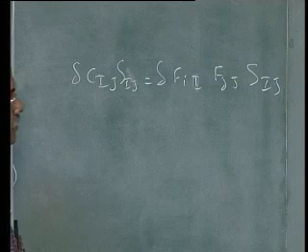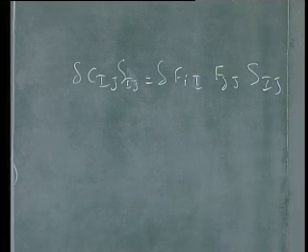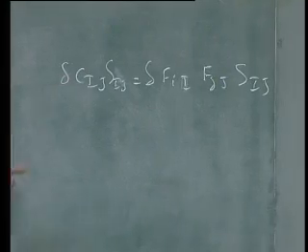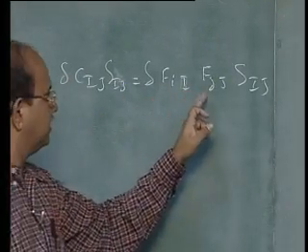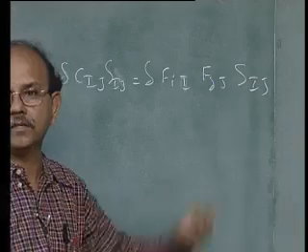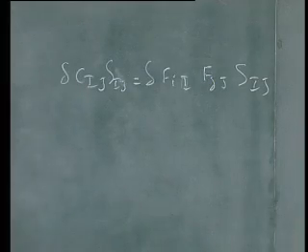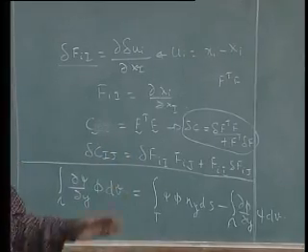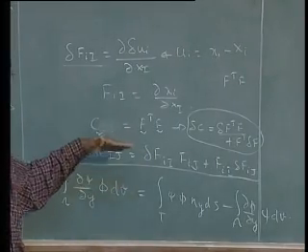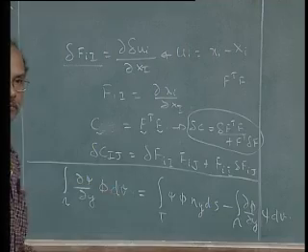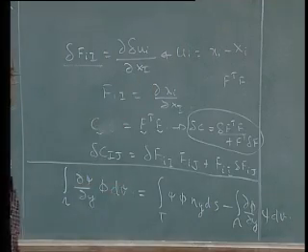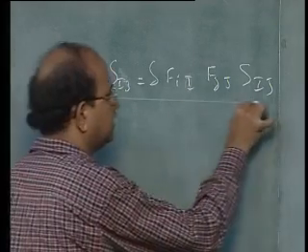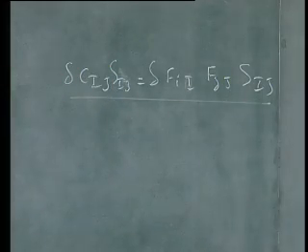You can verify this, that you can write down delta C I J S I J as delta F I F J J S I J, because F transpose F is a symmetric term. Sij is symmetric. You can verify that. You can write it in this fashion.